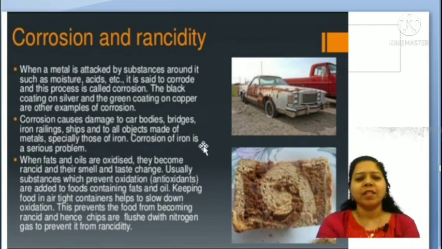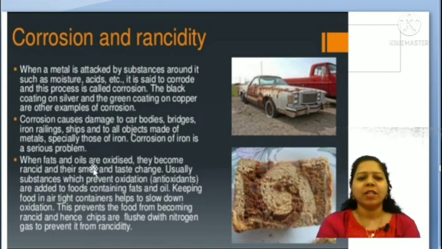Corrosion of iron is a serious problem. See, cars or bridges undergo corrosion because of continuous contact with water and oxygen. And this is a very serious problem as it damages these things like iron, cars and bridges.